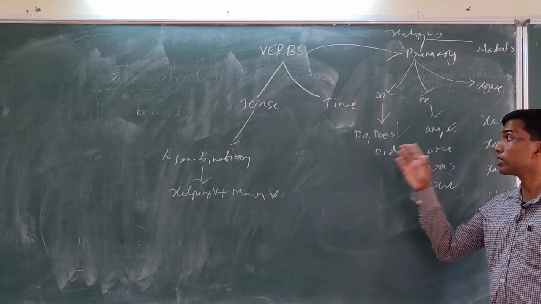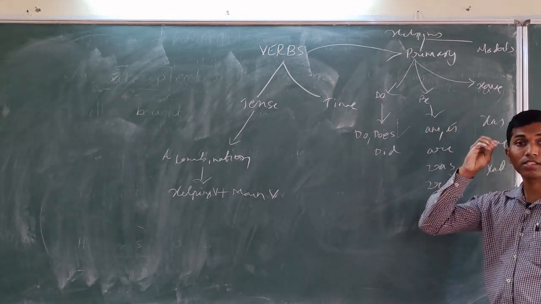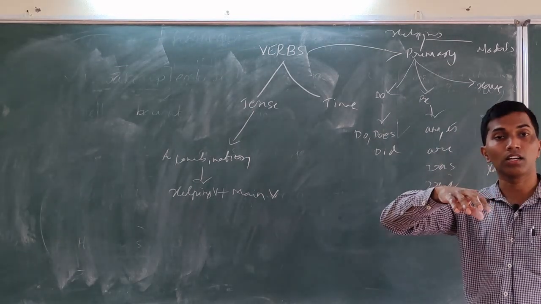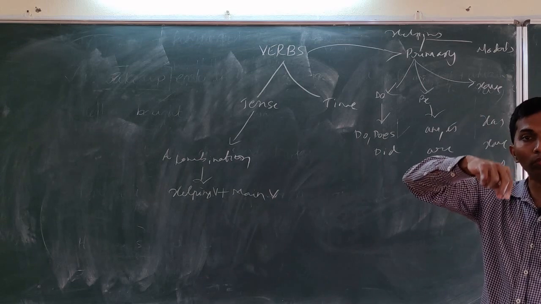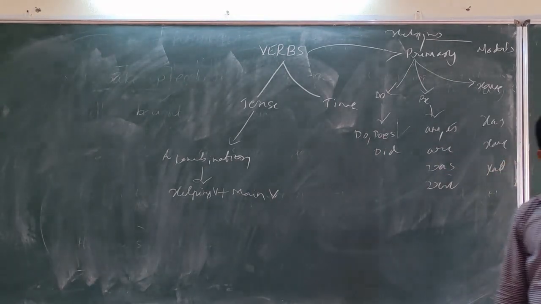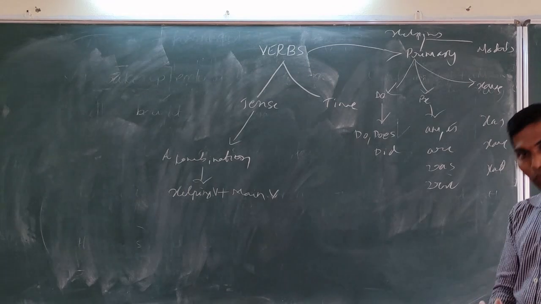This idea is to be taken in first. The idea is a tense is a combination of a particular helping verb and a particular form of a main verb. What is a tense? A tense is a combination of a particular form of a helping verb. Very important.